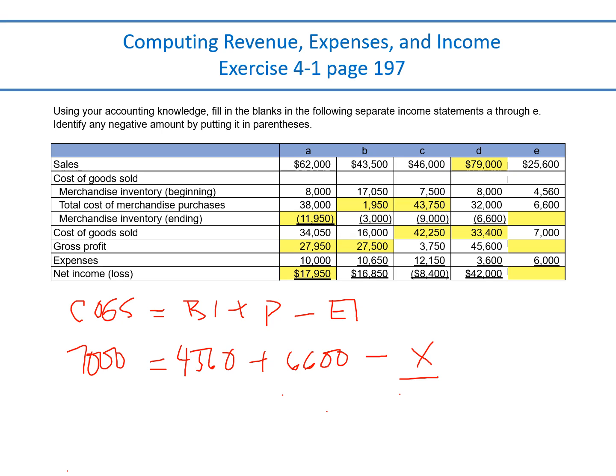So if we subtract 4,560 from both sides, and we subtract 6,600 from both sides, that makes that 0, that makes that 0.